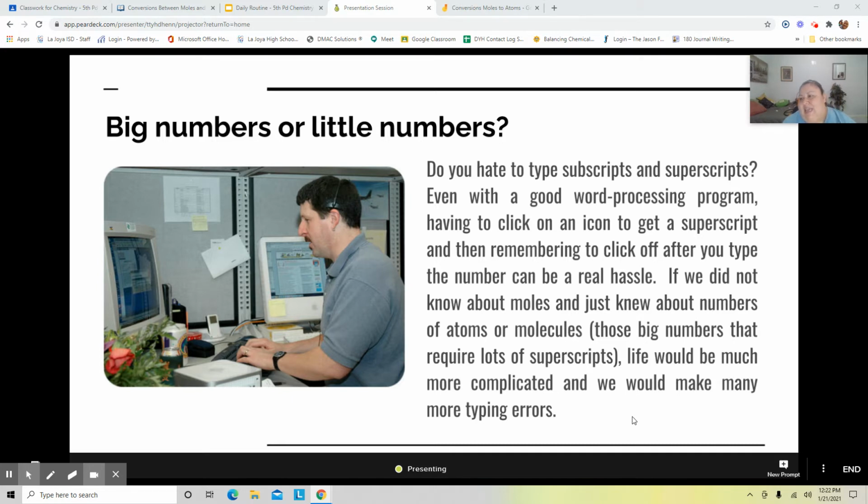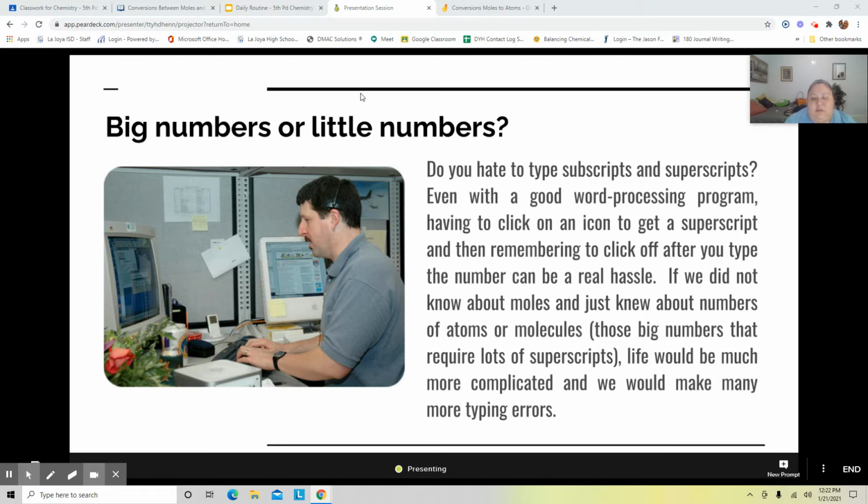Oh, I absolutely hate it, especially when I'm making my PowerPoints and transferring information from one document to another, and I have formulas or big or small numbers in scientific notation. You've got to turn on that superscript and then turn it off. It's a hassle, trust me. I do it every night.